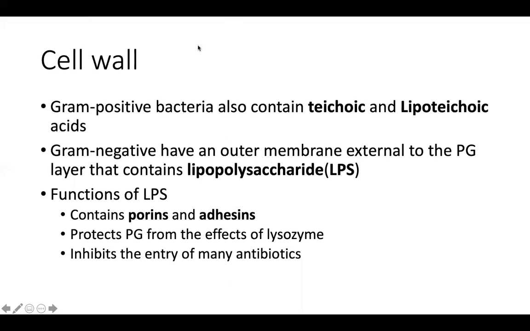So that is important. This is one of the examples of natural antibacterial agents or substances. So we have lysozyme, a natural antibacterial. And then it also inhibits the entry of many antibiotics. We've given an example of an antibiotic molecule being too large to go through the porin channel, and so it's ineffective against gram-negative bacteria.